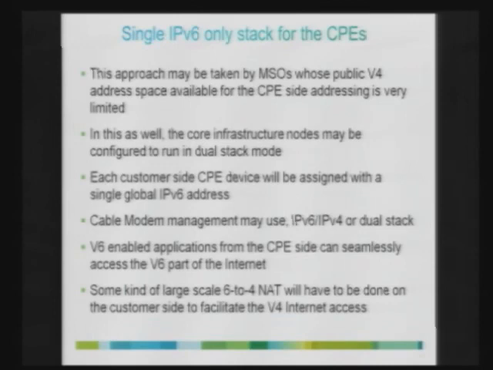Then if a CPE which has been assigned an IPv6 address needs to communicate, either internally or into the internet, to the v4 part of the world, there should be some kind of network address translation happening at some place. So this has to be carried out at large scale or using carrier grade NAT. So a 6-to-4 NAT mechanism will have to be in place for this to be implemented.